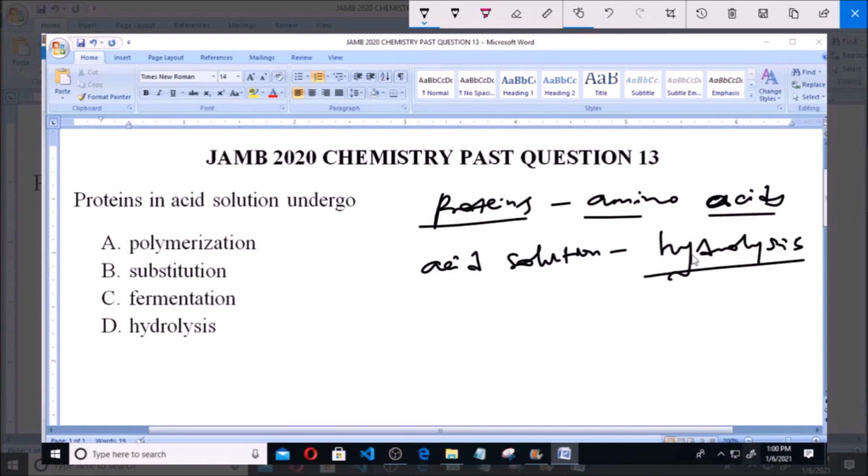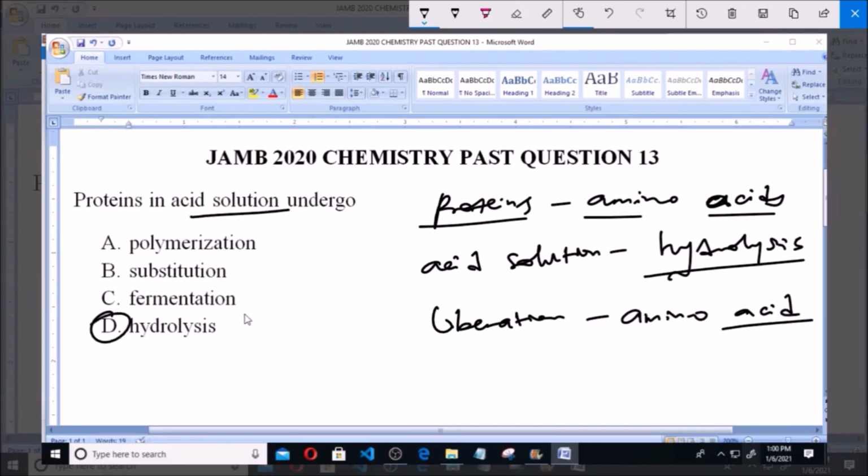Once these polypeptide bonds are broken, which is hydrolysis, it will lead to the release of the various constituent amino acids. So when proteins are left in acid solutions, they undergo what we call hydrolysis.